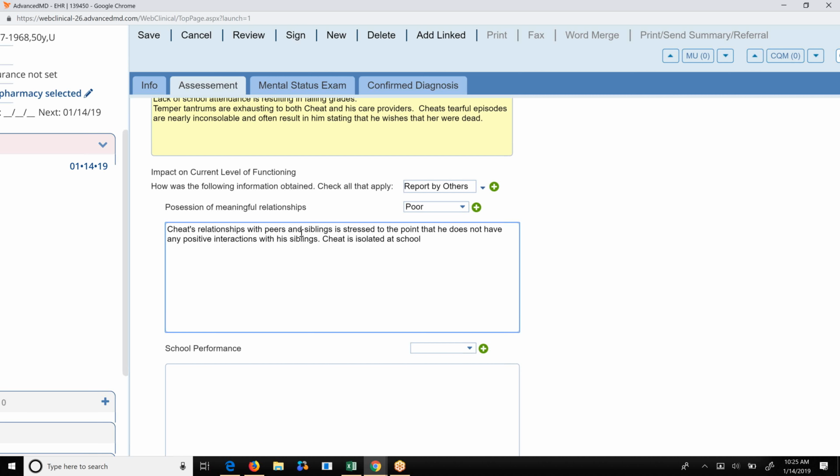Absolutely. I would anticipate in that particular situation, Shandy, that you would go with an adjustment disorder with depressed mood, but then you find out more information.